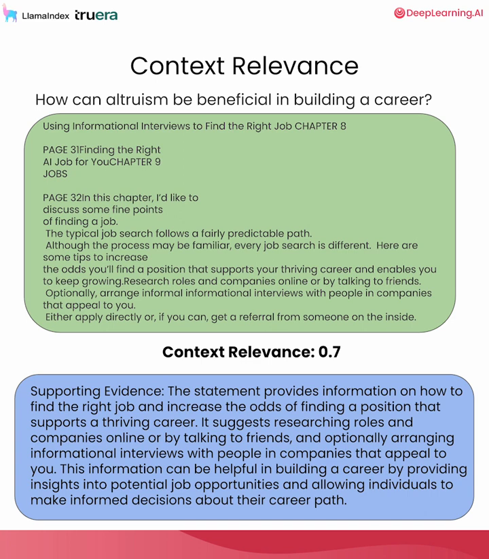You can see the context relevance feedback function gives a score of 0.7 on a scale of 0 to 1 to this piece of retrieved context. And because we have also invoked the chain of thought reasoning on the evaluation LLM, it provides this justification for why the score is 0.7.